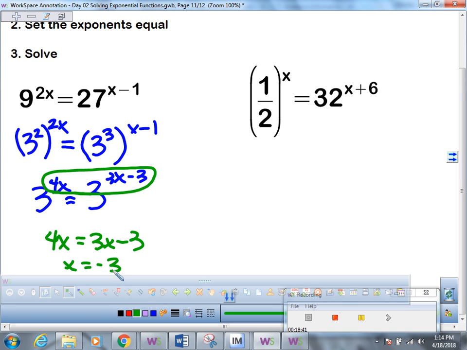If x equaled negative 3, this would be 2 times negative 3, which is negative 6. Am I right? Negative 6. 9 to the negative 6 equals 27 to the negative 4. Put them in a calculator, see if they equal. Right?